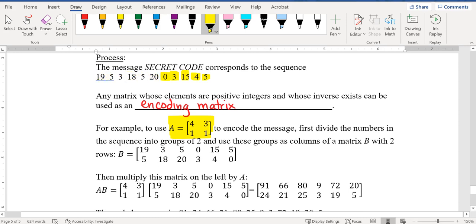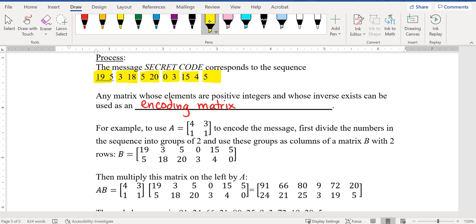So up here, we're going to do them in groups of 2, and turn those numbers into columns. Notice that we only have one number at the end, so we use a placeholder 0. So we had 19, 5 as the first column, 3, 18 as the second column, 5, 20 as the third column, 0, 3, 15, 4, 5, and then since we ran out of things, we put a 0 there.